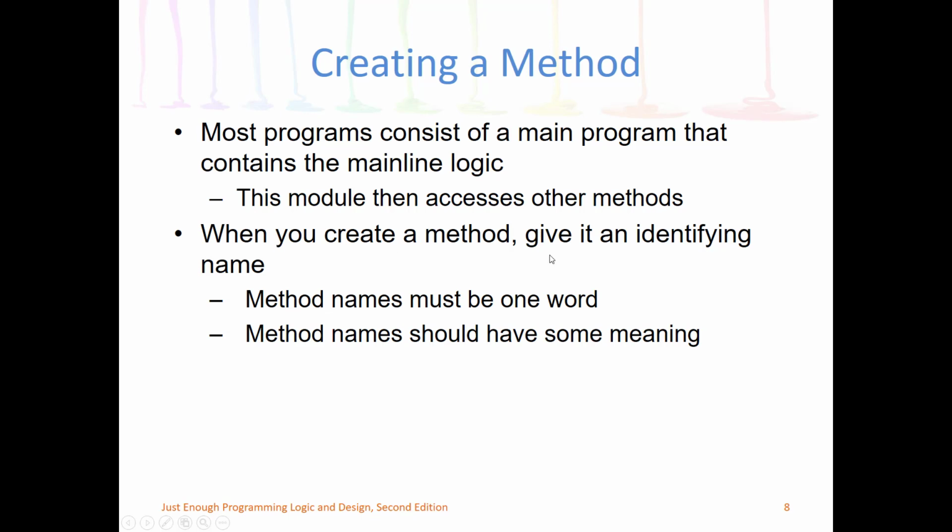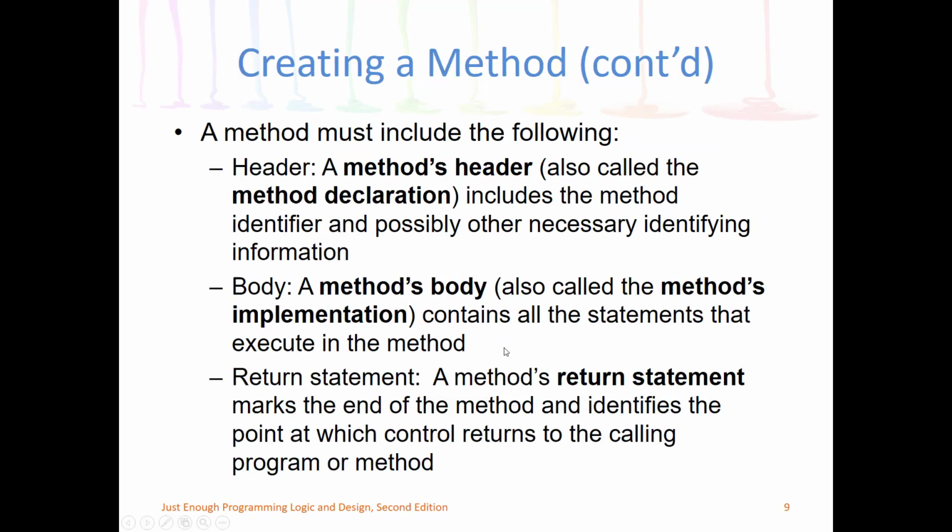So there are some rules for naming a method, and some rules for the construction of a method. Method names must be one word. I recommend you use the same procedure that you use for naming a variable. Method names should have some meaning, just like variable names should have some meaning. A method has to include three things.